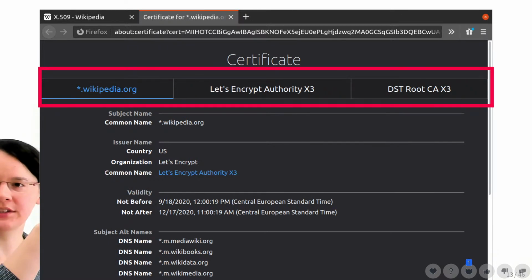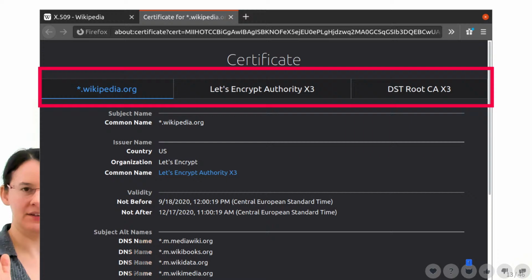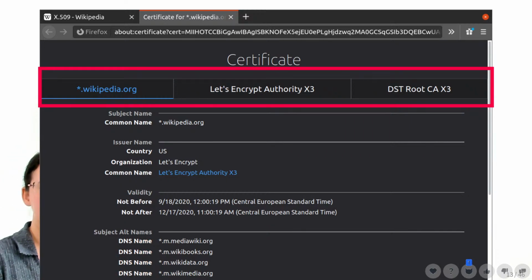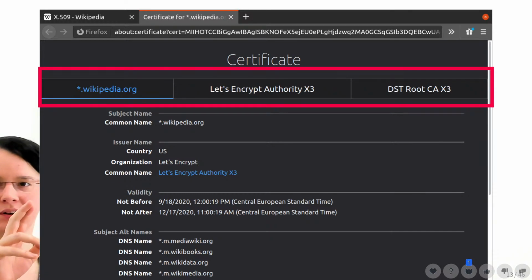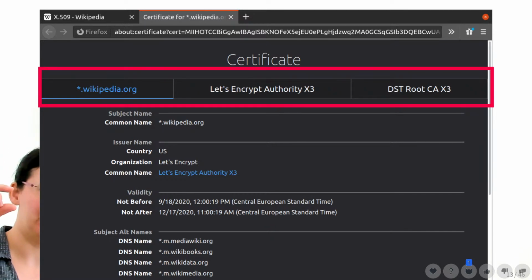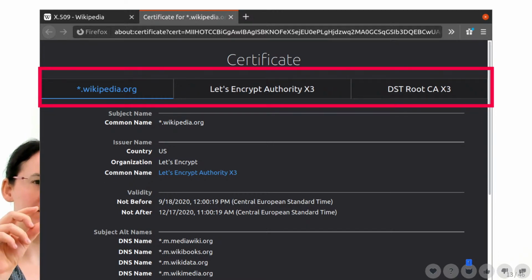We see who issued it, so that's Let's Encrypt, who's sitting in the US, who also has a standardized string for the common name. And you see the validity, so you see when it was issued, so it's not valid before that date, that's sometime mid-September, and it's not valid after December. So that means the validity period for this certificate would be 3 months.